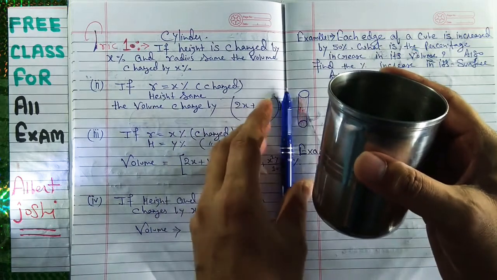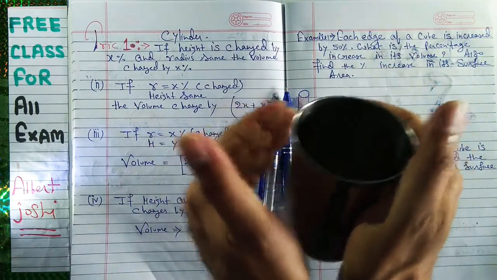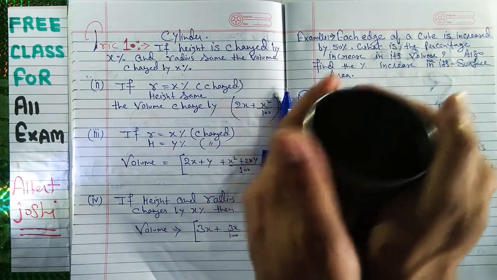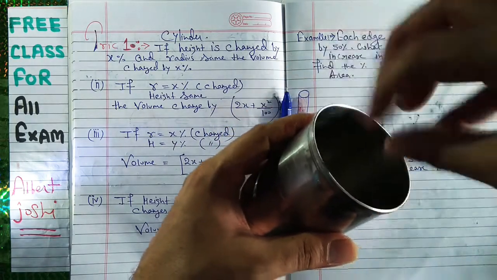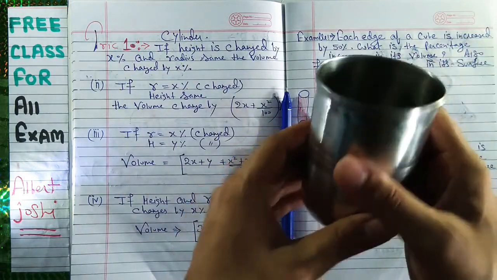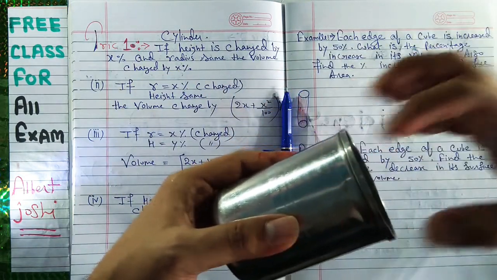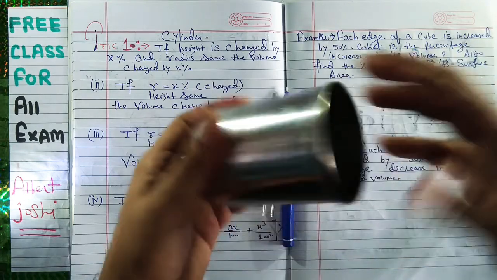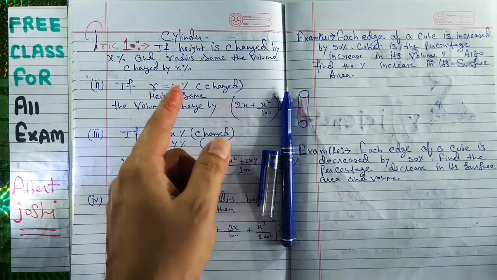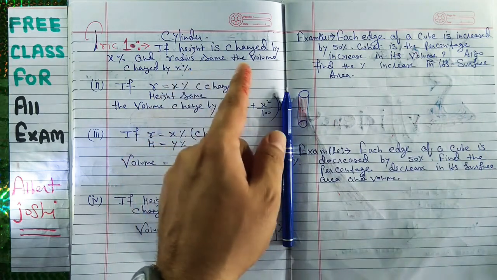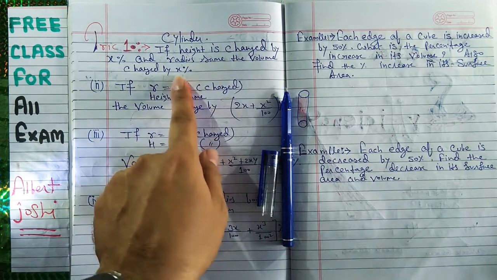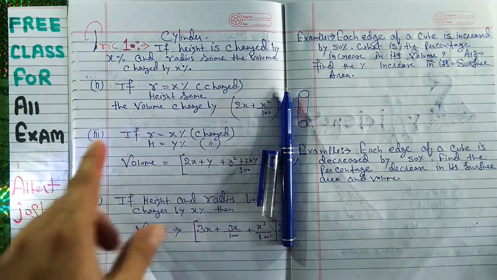If you increase the radius also, then the shape will change differently. But here we are not increasing the radius. The radius is same, only with the help of a hammer we have changed the shape. So if the height is changed but the radius is the same, your volume will change by x%. This is the first trick.